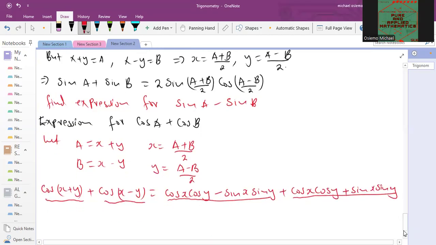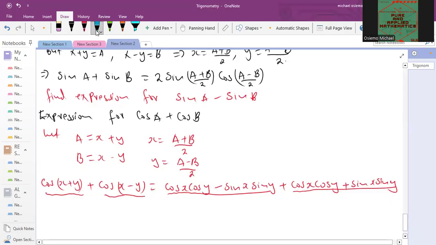If you put the terms together, sin x sin y and sin x sin y will cancel. So we're going to have cos of x plus y, plus cos of x minus y, is equal to 2 cos x cos y.